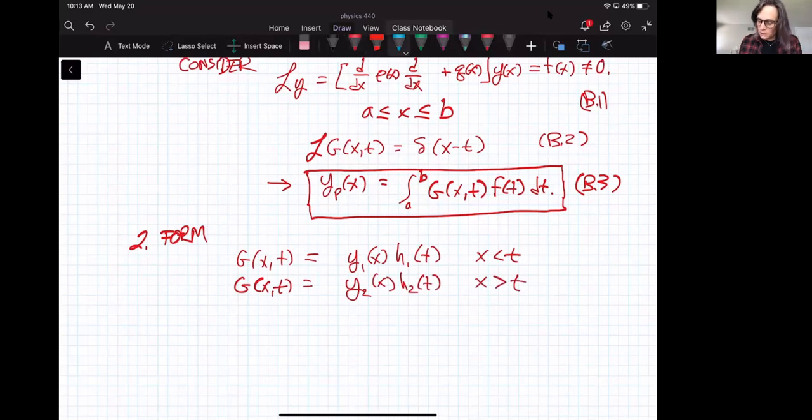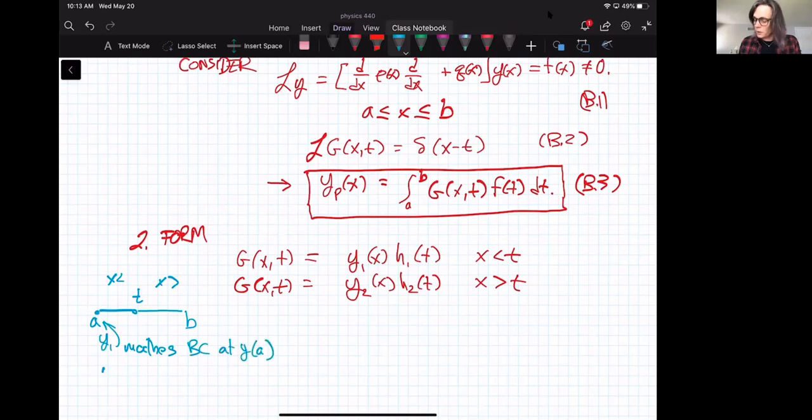Again, what you should be thinking about is you have some domain, and it doesn't have to be equally split. There is some point t, where x is less than t and x is greater than t, and our y1 matches the boundary condition at that first point. Y2 matches the boundary condition at the other point.